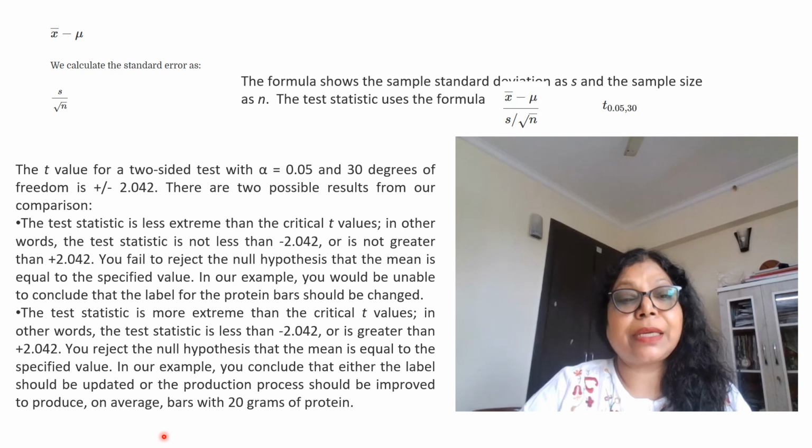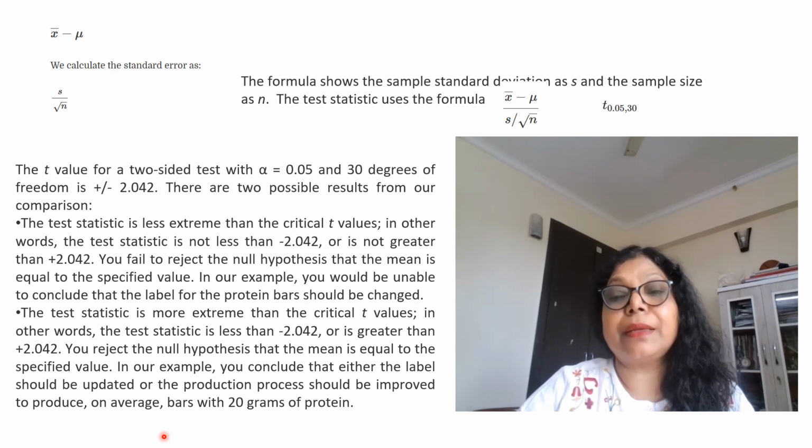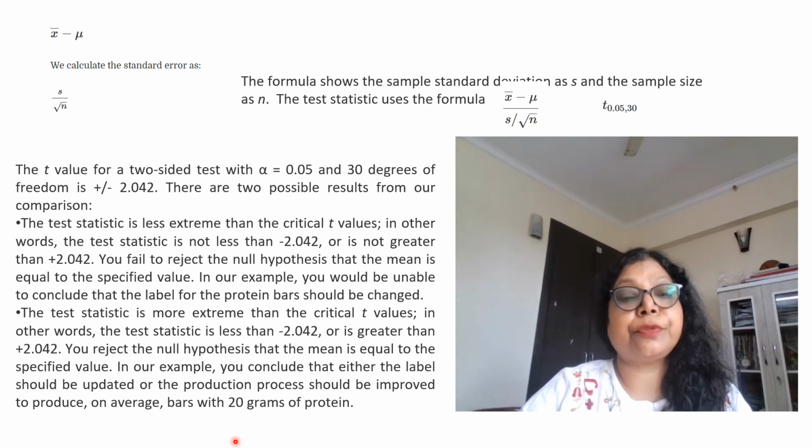The other is the test statistic is more extreme than the critical t-value. In other words, the test statistic is less than minus 2.042 or greater than plus 2.042. So we reject the null hypothesis that the mean is equal to the specified value. So we can conclude that either the label should be updated or the production process should be improved to produce on average bars with 20 grams of protein.